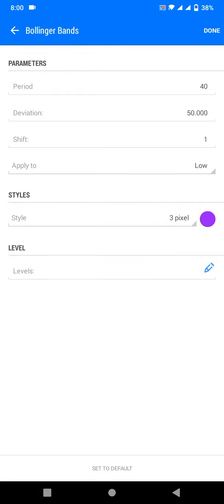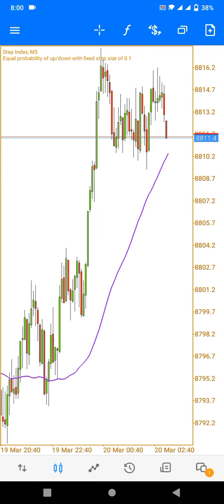I will choose the 3 pixel. Let's click on done. And here is the first thing. This Bollinger Band is going to help us understand the behavior of the market if you want to trade in the trend direction, for swing, for scalping, for day trading.